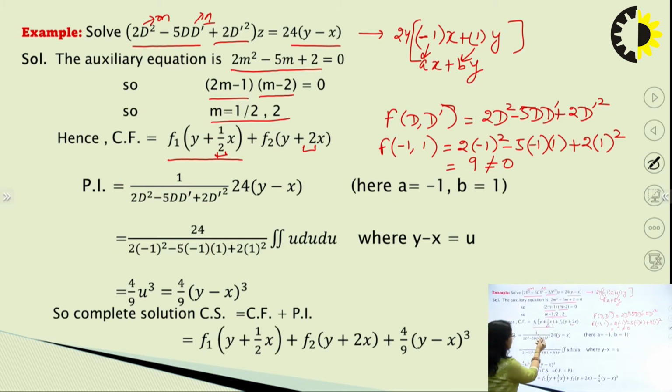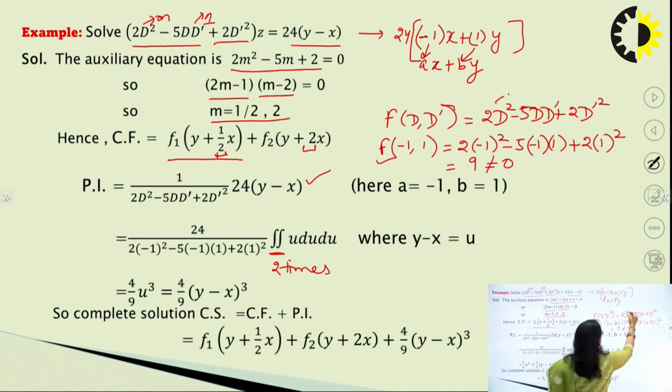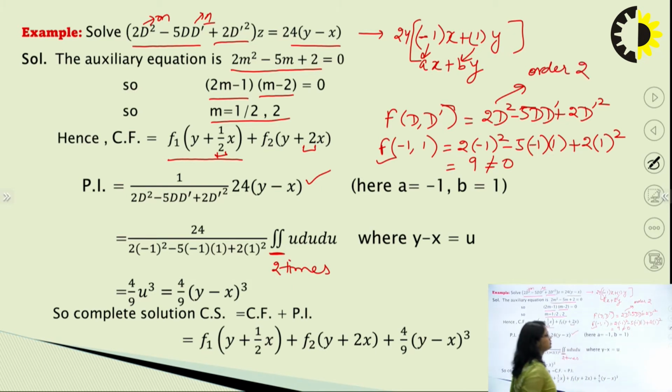That means we will find 1 upon (2D squared minus 5DD' plus 2D' squared) applied to 24(y minus x). After this, 24 is a constant, so 24 upon 9, since I have already shown that f(minus 1, 1) is 9, and this integration is taken 2 times, because I can see that the order of this equation f(D, D') is 2.